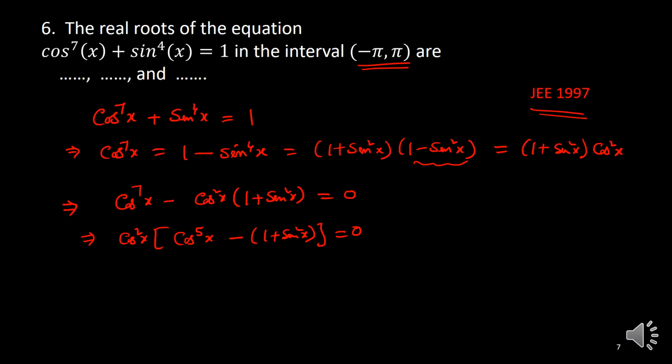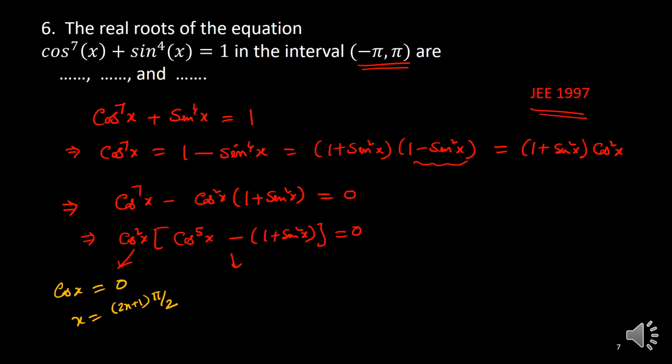Now we need to understand, since the product of these two is 0, either this could be 0 or this could be 0. What are the solutions? One solution is cos square x, or cos x, equals 0. That's simple. So what are the general solutions? Cos x equals 0 gives x equals (2n plus 1) times pi by 2, right? The n could be positive, negative, anything, all integers.